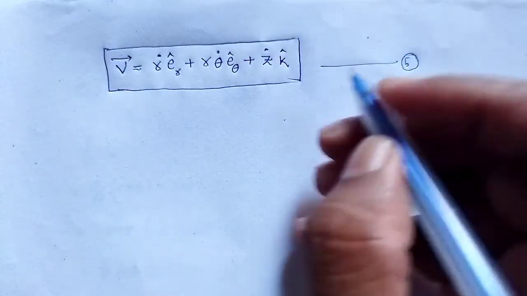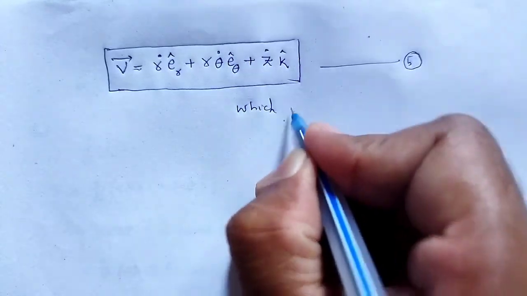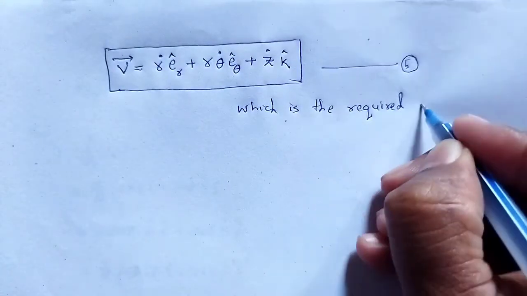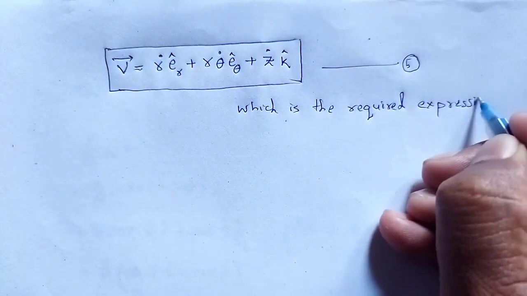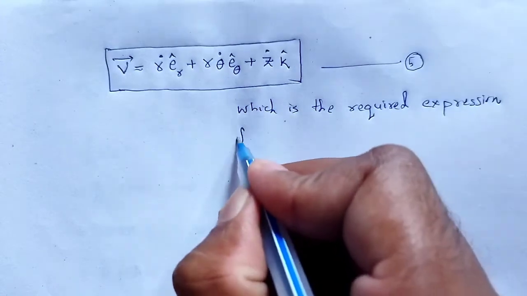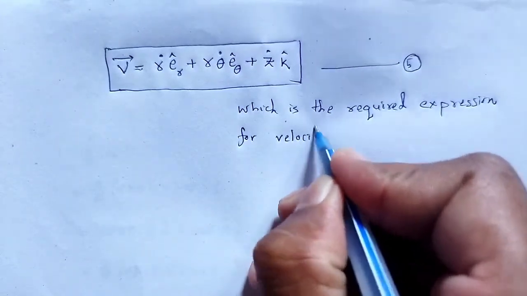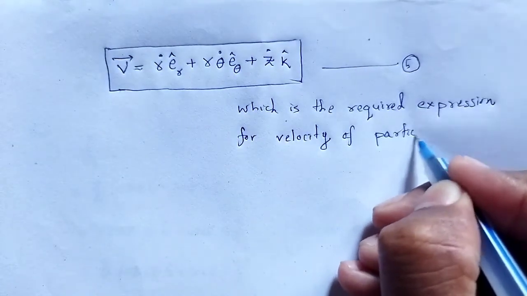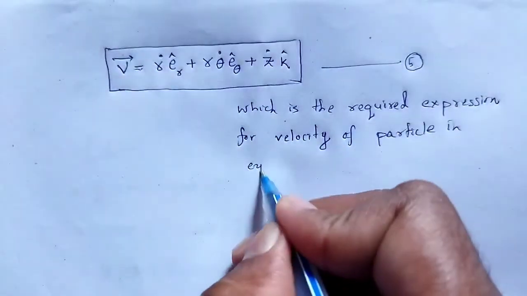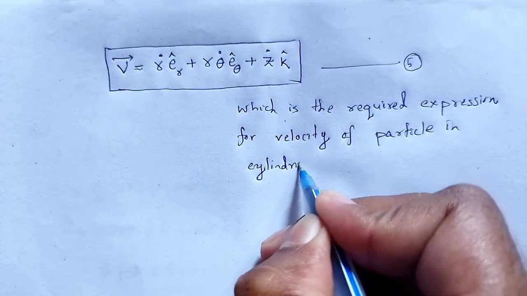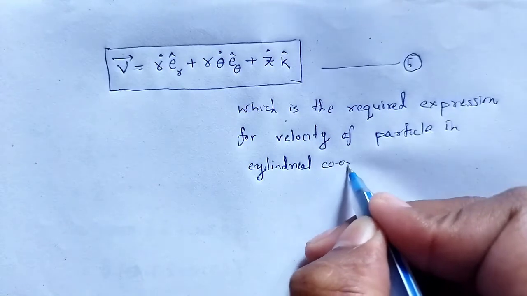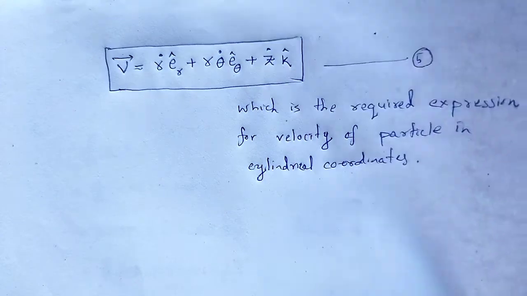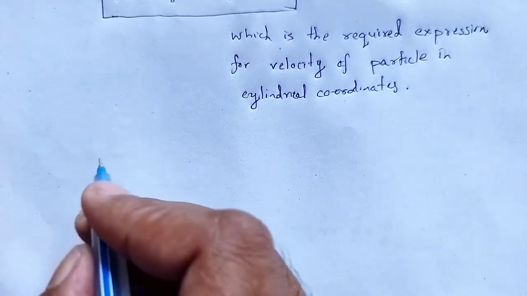Let this be equation number 5, which is the required expression for velocity of a particle in cylindrical coordinates. Now we find the acceleration in terms of cylindrical coordinates.